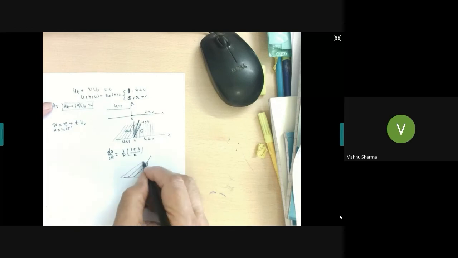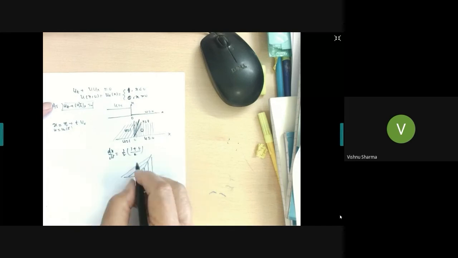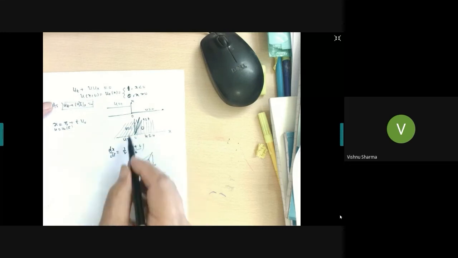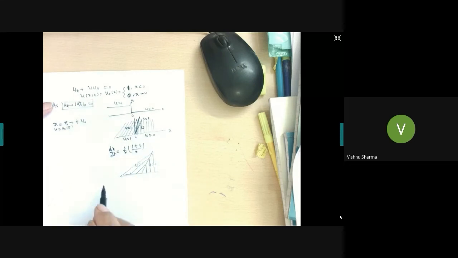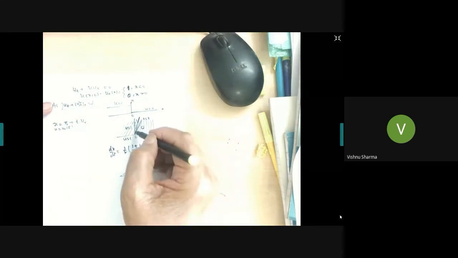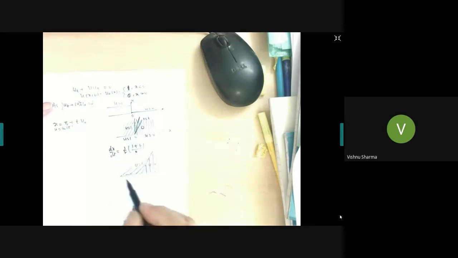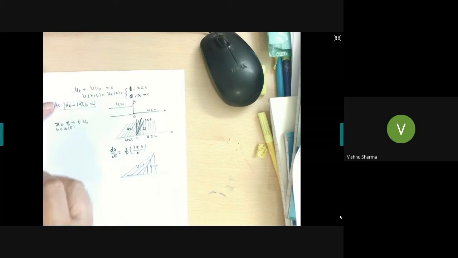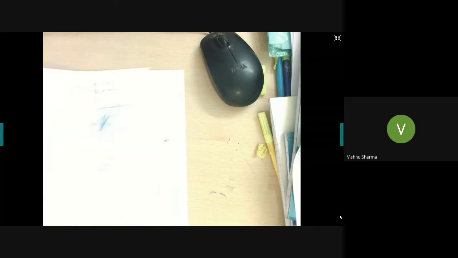This is your u is equal to 1, and this is your u equal to 0. That is, the initial information is absorbed by the discontinuity in this case, right? Obviously, you can see that your solution involves a discontinuity, so it is a weak solution. This we have already determined.